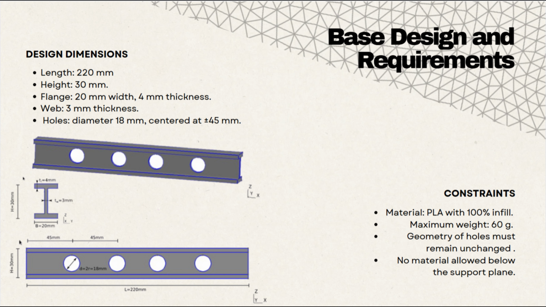The holes have to be 18 millimeters in diameter, centered at 45 millimeters along the web, like you can see in the image. The material has to be PLA with 100% infill, and the maximum weight has to be 60 grams. The geometry of the holes must remain unchanged, and no material is allowed below the support plane.